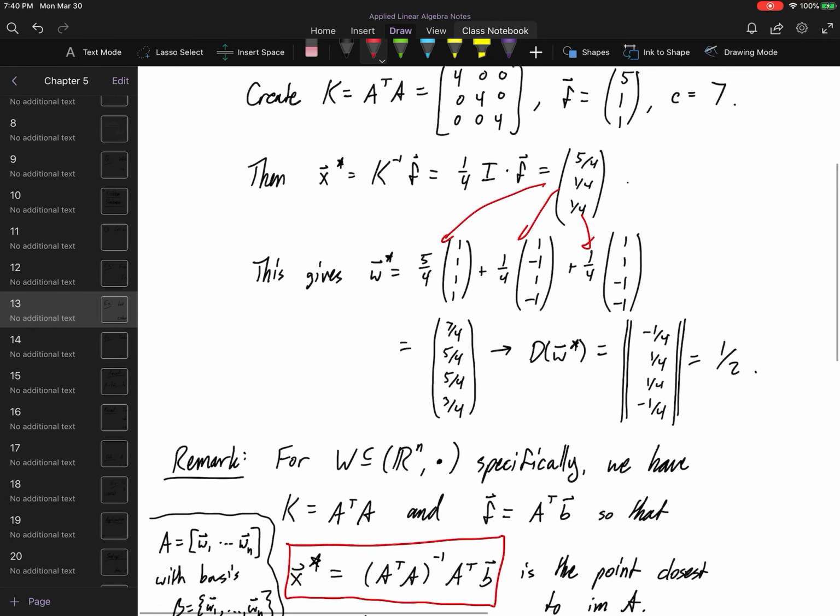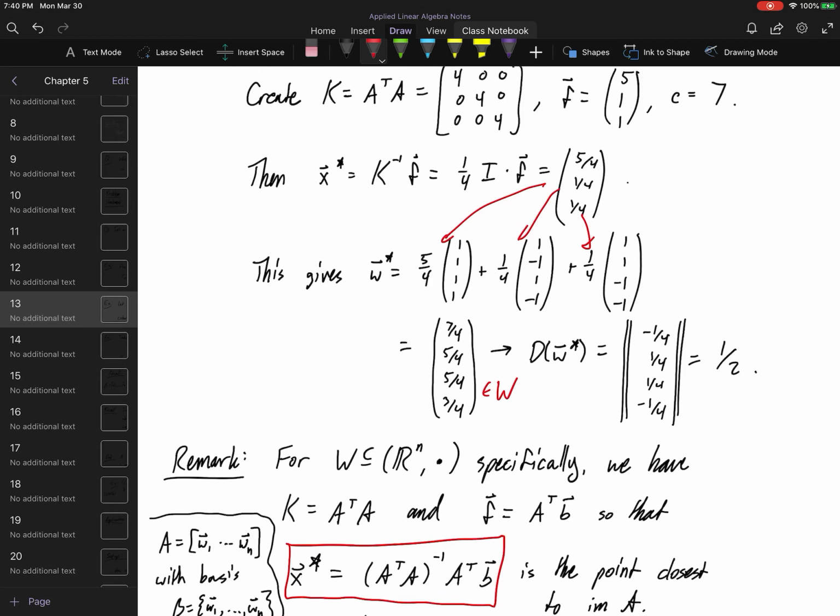And that means I create this vector that belongs to the subspace W and creates a distance of, and this is actually D squared technically.